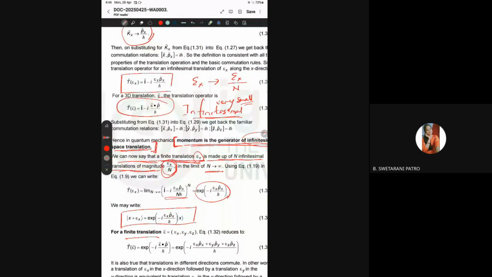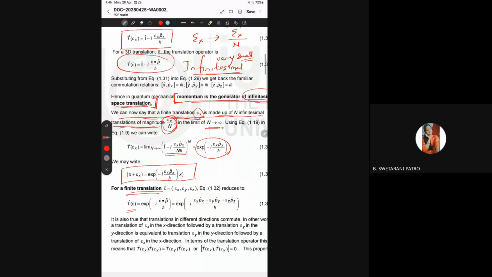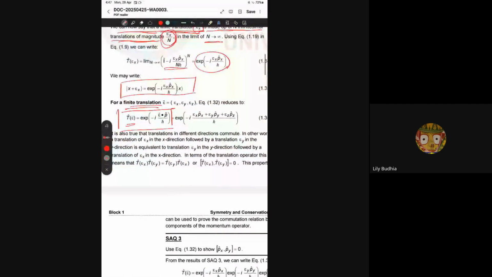But for finite translation, what will we get? T epsilon is equal to e to the power minus i epsilon dot p by h cross. This is the difference we have. This is for finite, and this is for infinitesimally small. Are you clear about these two facts, finite translation and infinitesimally small translation? Yes, sir.